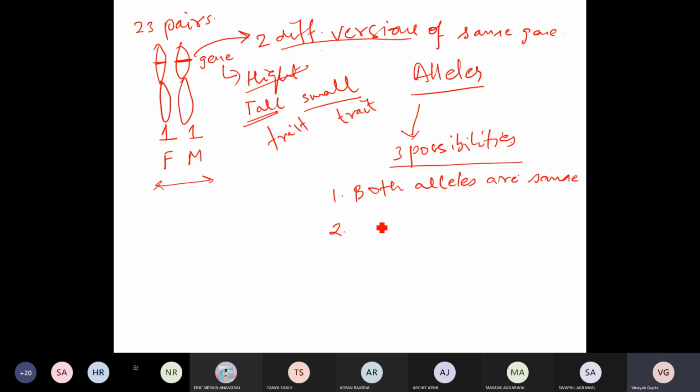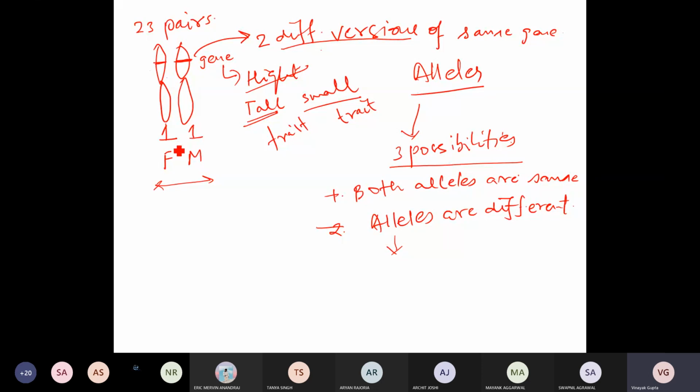Or the second is that these alleles are different. Okay, so there are these two conditions, but here again one more case will be there which we are going to discuss. So these are the two possibilities, that alleles may be same or alleles may be different.